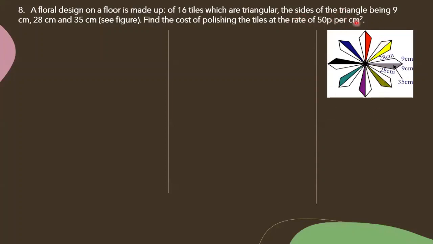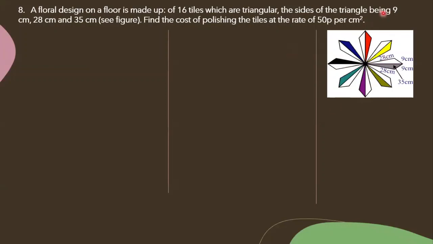The sides of the triangle, so one triangle measurement they've taken as 9 centimeter, 28 centimeter and 35 centimeter. You can see in the figure. Any doubt, children, here? How many triangles are there here? 16 triangles are there. 1, 2, 3, 4, 5, 6, 7, 8, 9, 10, 11, 12, 13, 14, 15, 16.